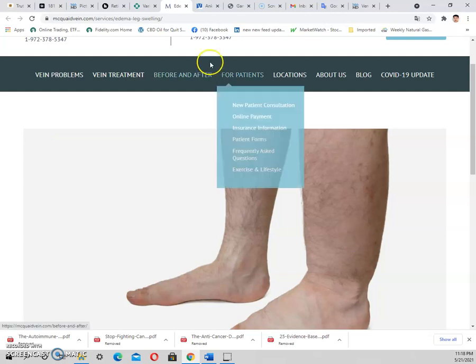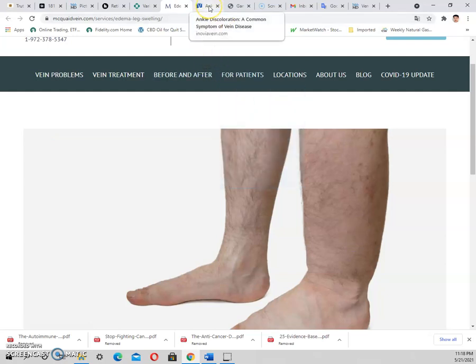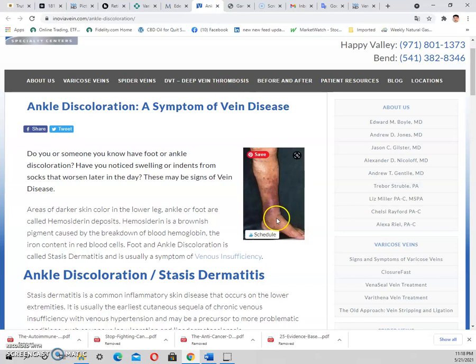Because there's so much swelling in the leg, it also causes discoloration, because the red blood cells get out of the vein, and some components of hemoglobin, such as iron in the blood cells, cause discoloration of the skin.